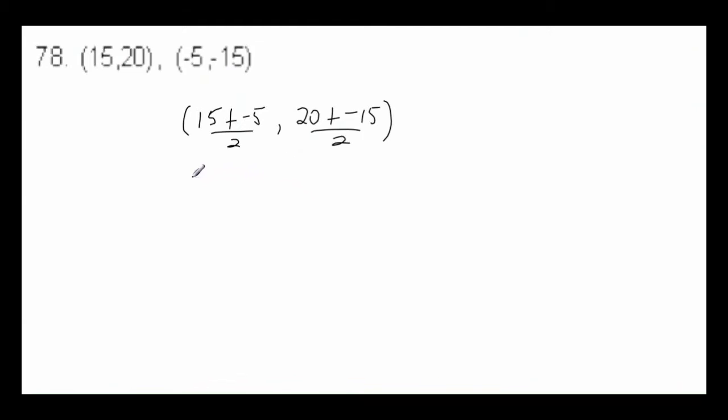So this is fairly easy. So 15 plus -5 is 10 over 2. 20 plus -15 is 5 over 2. And 10 divided by 2 is 5. 5 divided by 2 is 2.5. Pretty simple stuff.